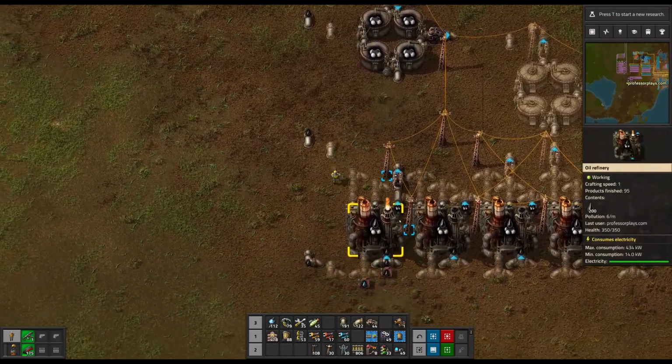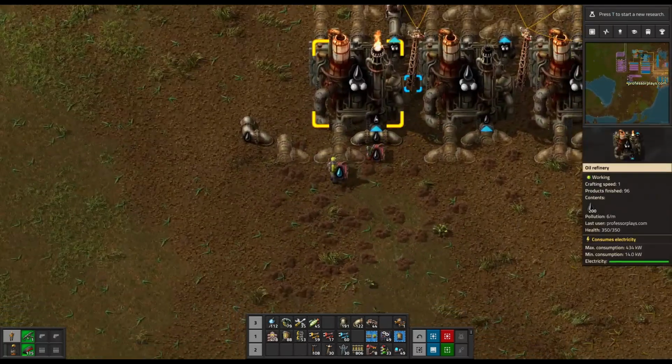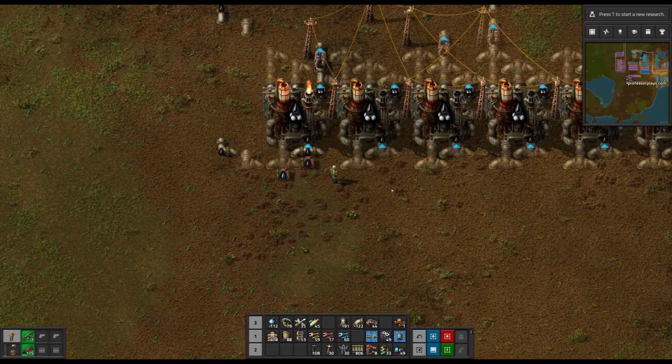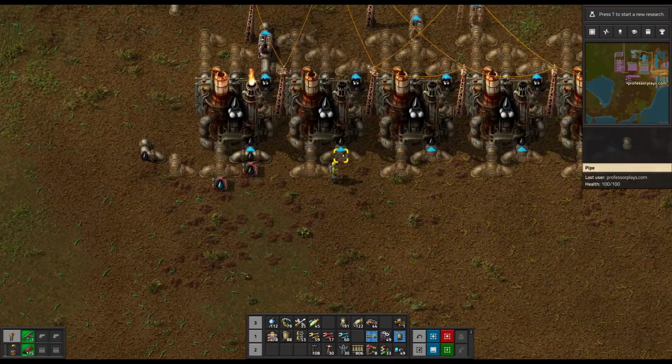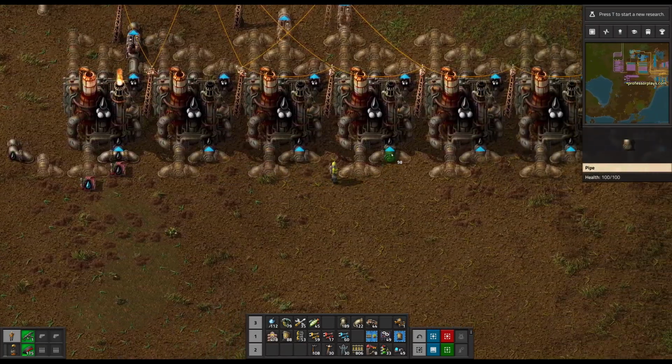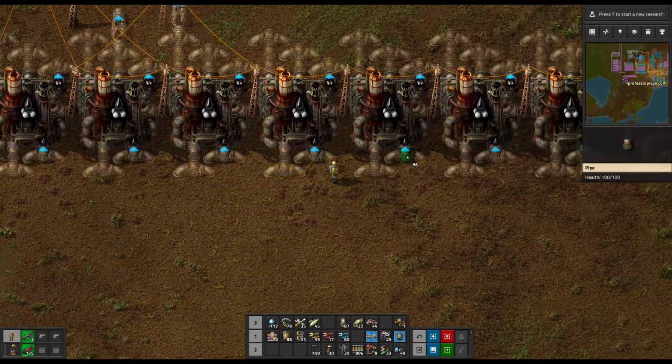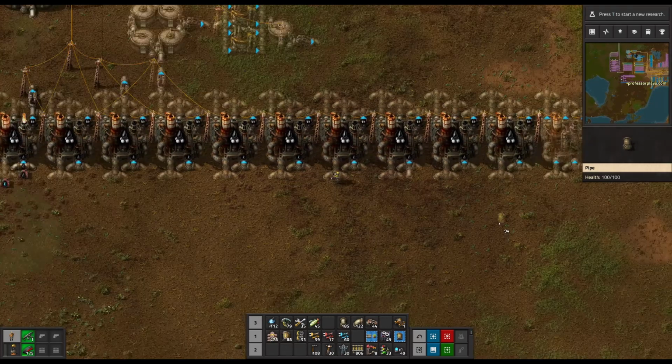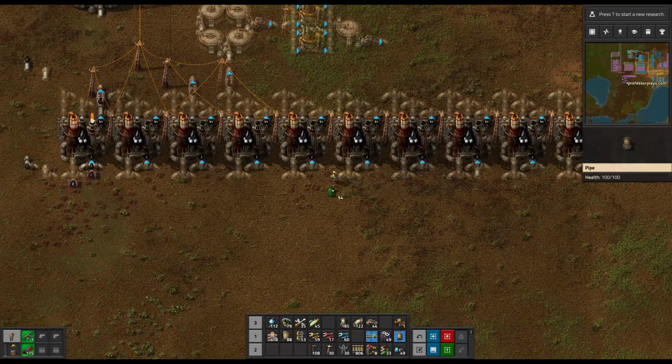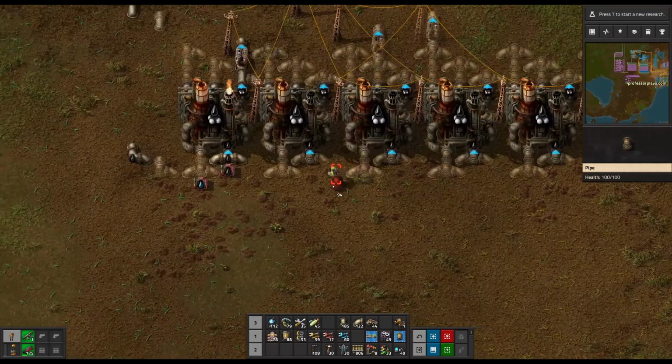Right now I've only got one refinery machine running. I want to hook up more refineries. All you need is the crude oil, which has a straight pipe here. You don't need to do all of these. How many did I put in here? Okay, that's enough. I don't want to bore you with all this. You just need a few.